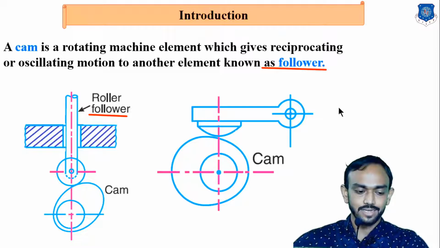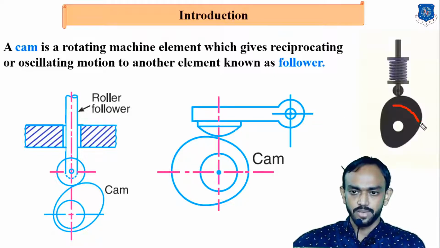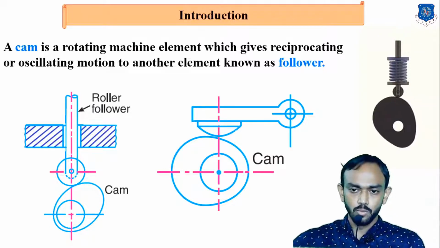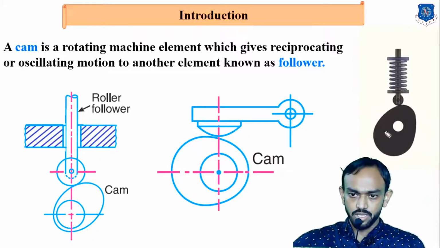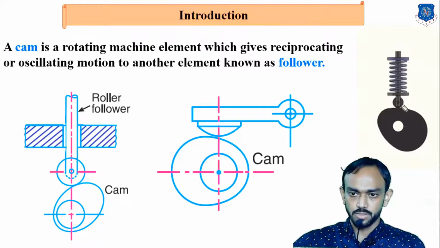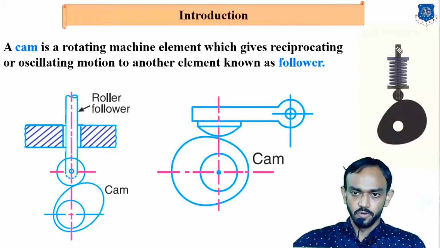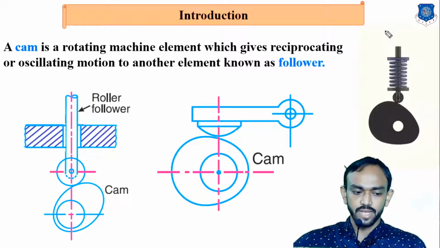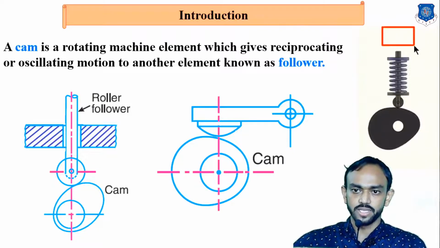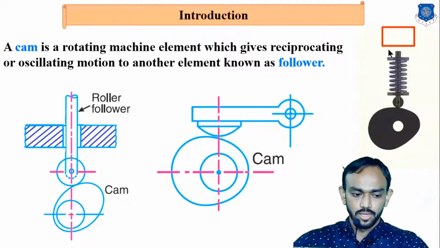So let's start the types of follower. This CAM is rotating, and with respect to that this follower will reciprocate. You can see here the motion of the follower. As the CAM is rotating, with respect to this profile the follower is moving up and down, and there is a spring, or sometimes an external load is given here, so that there is always some contact between CAM and follower.